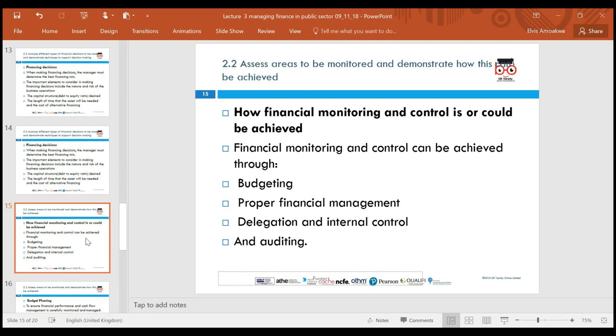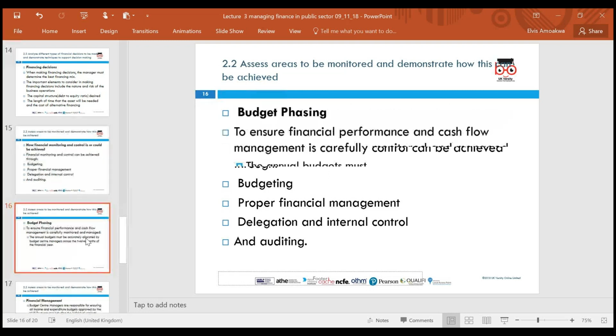Now, for financial monitoring and control, budgeting is one of the ways that we can monitor and control proper financial management, delegation, and internal control, and auditing. These are the 4 key things that can be used for monitoring and control. Right. Let's go to the next slide.